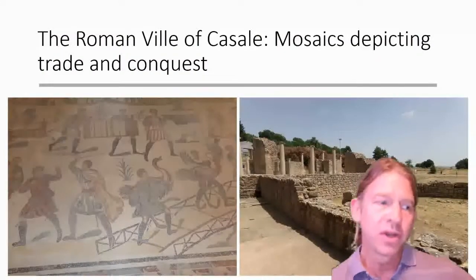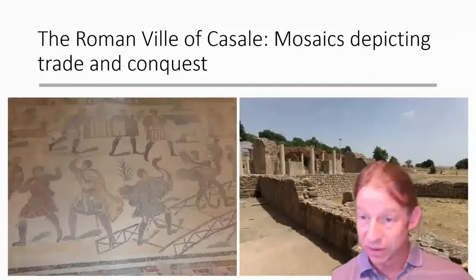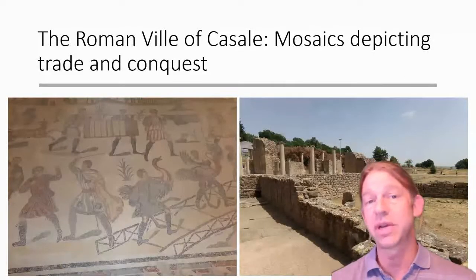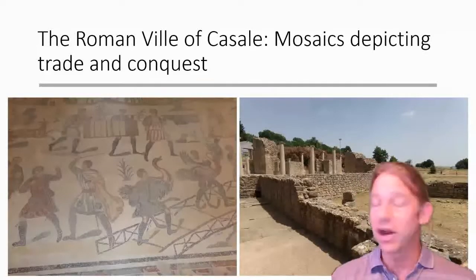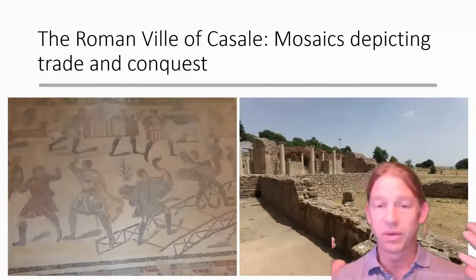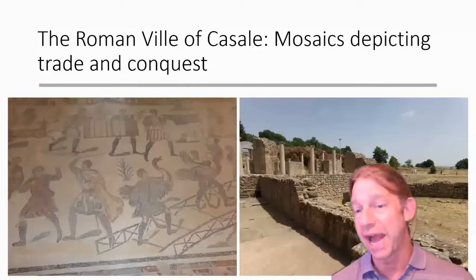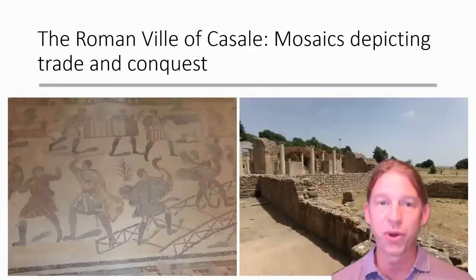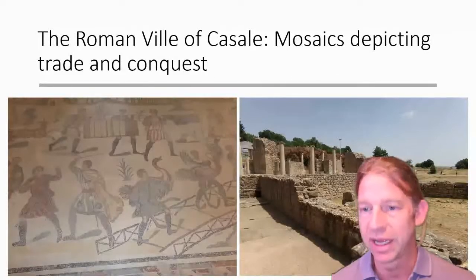If you travel to the southwest of Sicily, you come across the Roman villa of Casale. And I have another video, I encourage you to subscribe to my channel, History Changes, in which I walk you through the incredible mosaics at this Roman villa in Sicily.